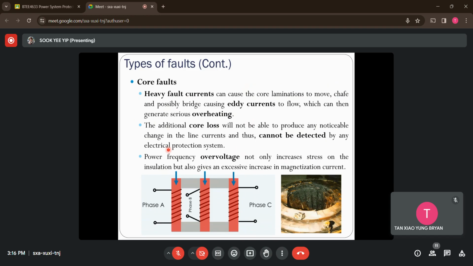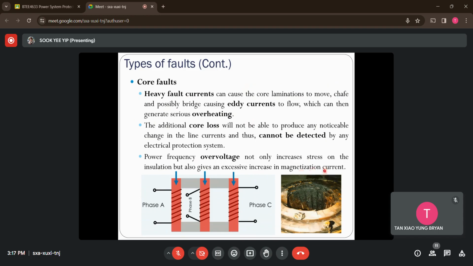Okay, and in addition to this, another kind of fault that causes the core fault is power frequency overvoltage situations. So what happens if we have overvoltage situations in the power system? Yes, we know that it will cause stress to the insulation, causing insulation failure. But at the same time, whenever we have high voltage induced at the secondary side of the transformer, it will also result in an excessive increase in magnetizing current.